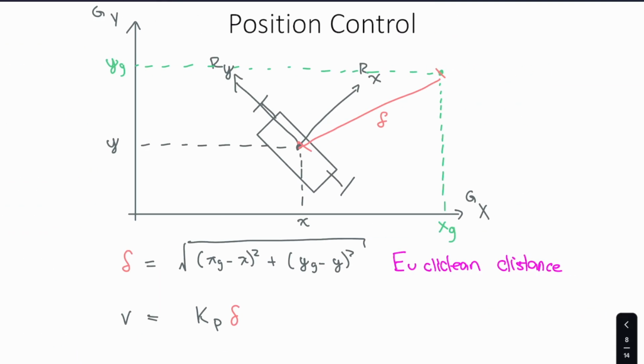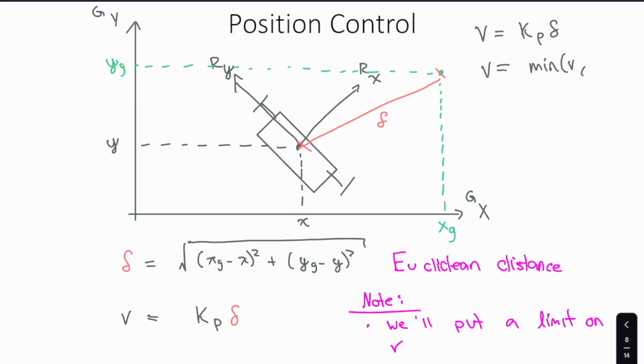And likewise, we'll put a limit on the same value for v. So in your code, what that should look like in your head is something like v, we compute as k_p delta, and then v is equal to the minimum of v and some threshold value. And same thing for theta dot.